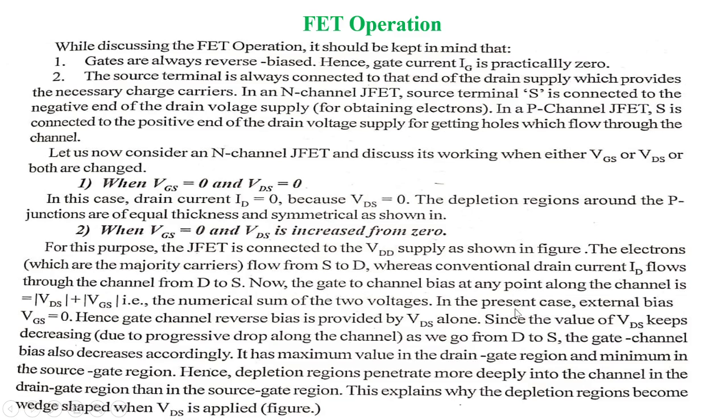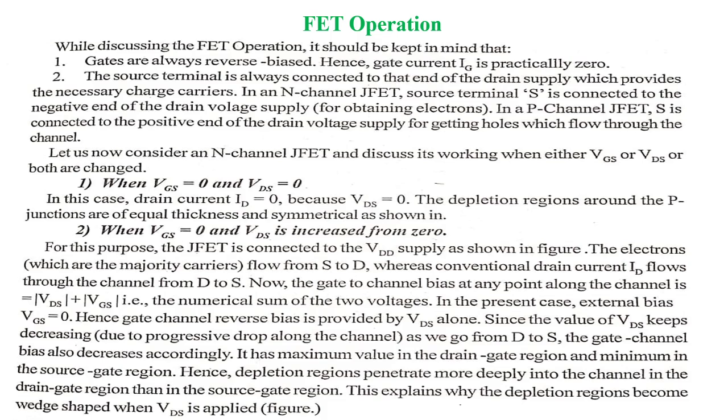In the present case, external bias VGS equals 0, hence gate channel reverse bias is provided by VDS alone. Since the value of VDS keeps decreasing due to progressive drop along the channel as we go from D to S, the gate channel bias also decreases accordingly. It has maximum value in the drain gate region and minimum in the source gate region.